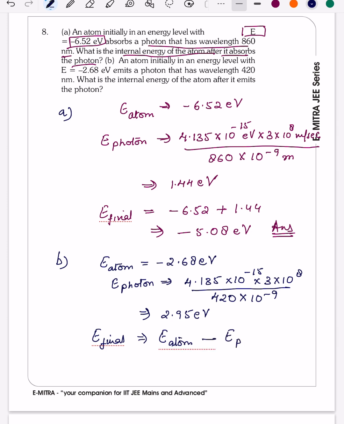The energy of the atom given to us was minus 2.68 electron volt, minus the energy of the photon, which we found to be 2.95 electron volt. So this comes out to be minus 5.63 electron volt. This will be the answer.